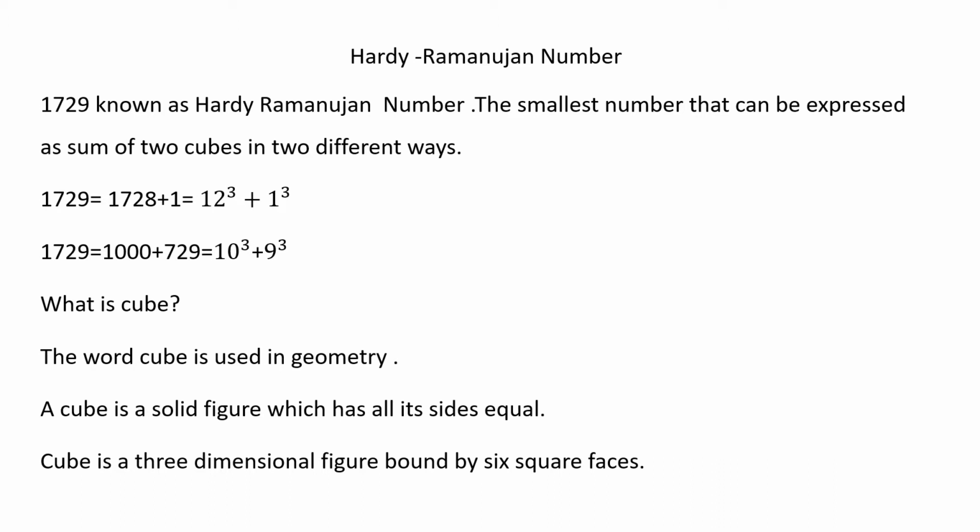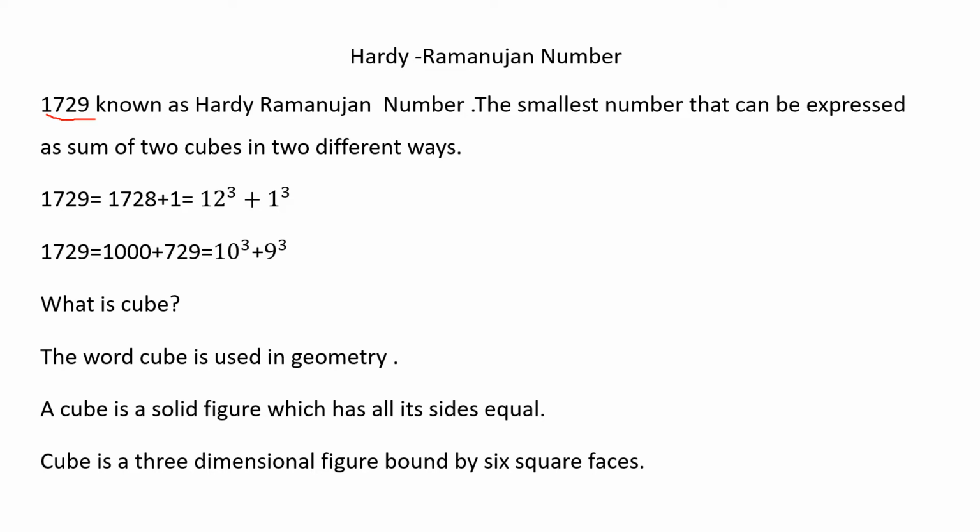Like that he found out that 1729 is a magic number. This number is known as the Hardy Ramanujan number, or in some places they write the magic number of Ramanujan.